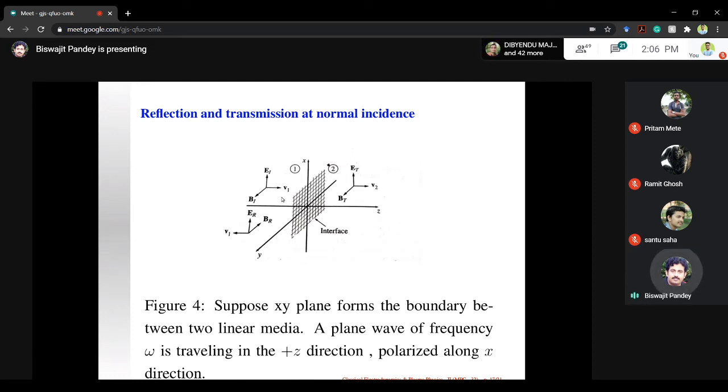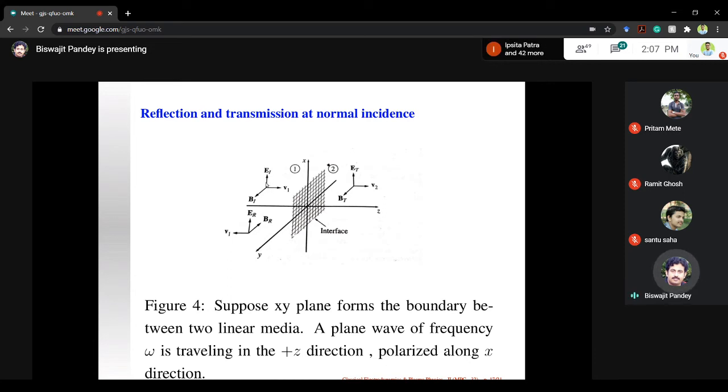From the transverse nature of electromagnetic waves, see the propagation vector k1, or here it is v_I, it is towards the plus z axis, the wave is propagating in this direction. And naturally E and B should be orthogonal to that, because you have seen that B can be obtained by k cap cross E by c.